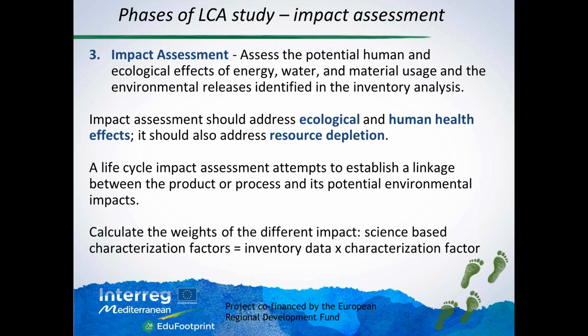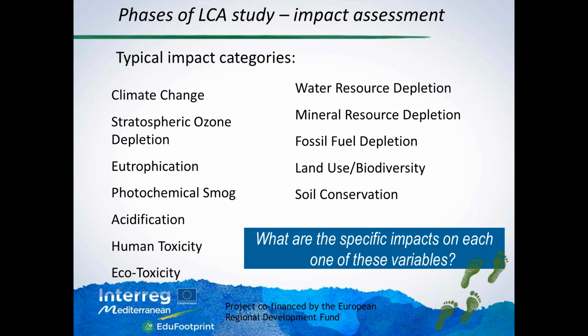The typical impact categories are climate change, stratospheric ozone depletion, eutrophication, photochemical smog, acidification, human toxicity, ecotoxicity, water resource depletion, mineral resource depletion, fossil fuel depletion, land use, biodiversity, and soil conservation.